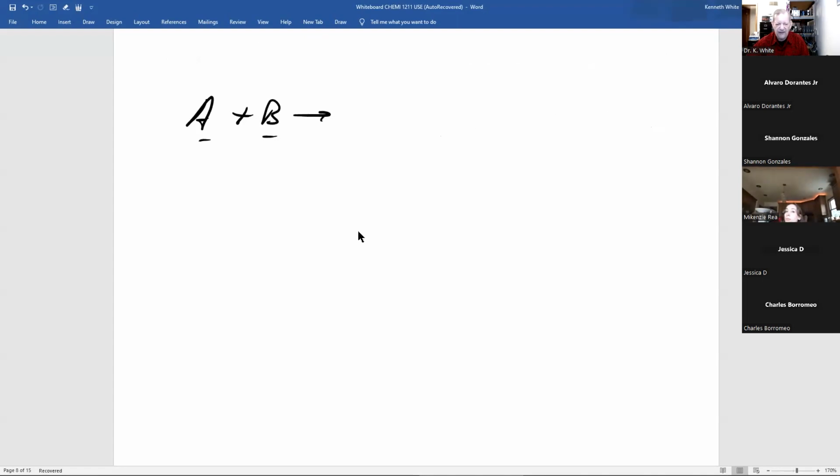I react A and B with something to make something, and then immediately I react that with C to make D. This is a two-step reaction. I'll never ask you on a test what's a two-step reaction.